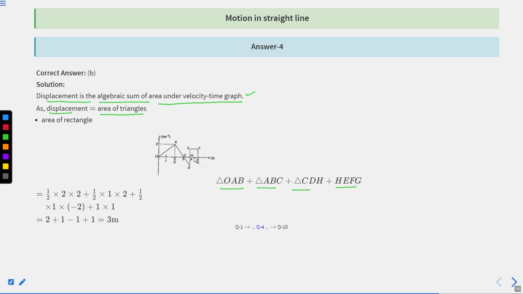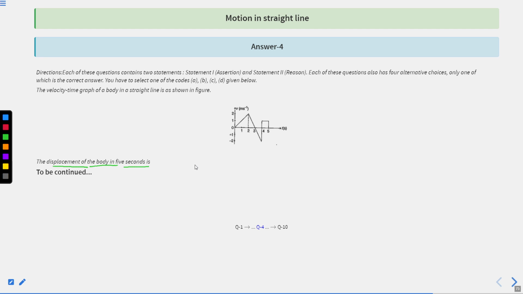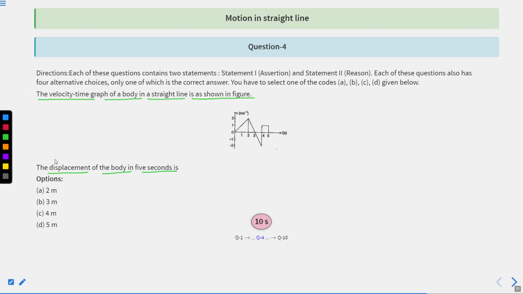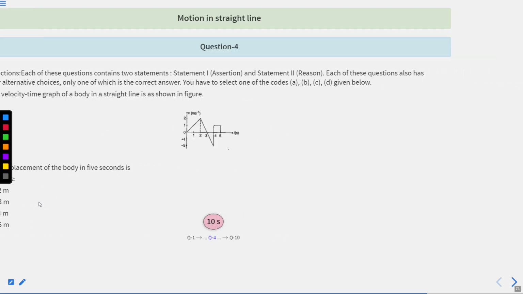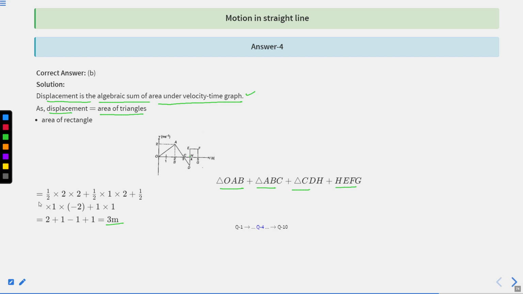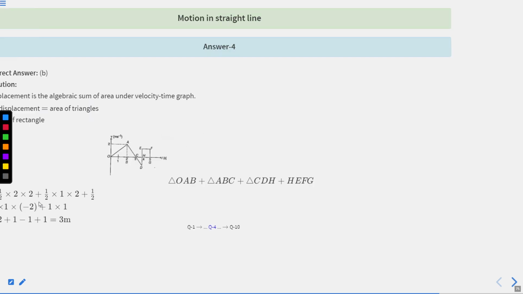So 1 into 1. So the final answer is 3 meter after adding all the areas. Clear? So 3 meter is the correct answer. Clear? Next question.